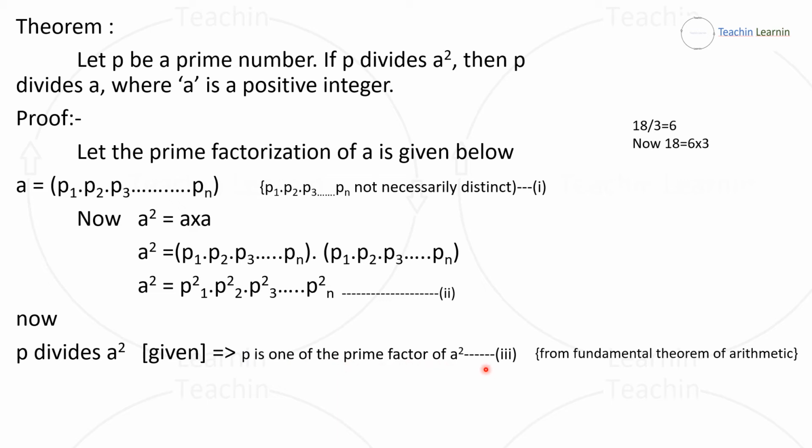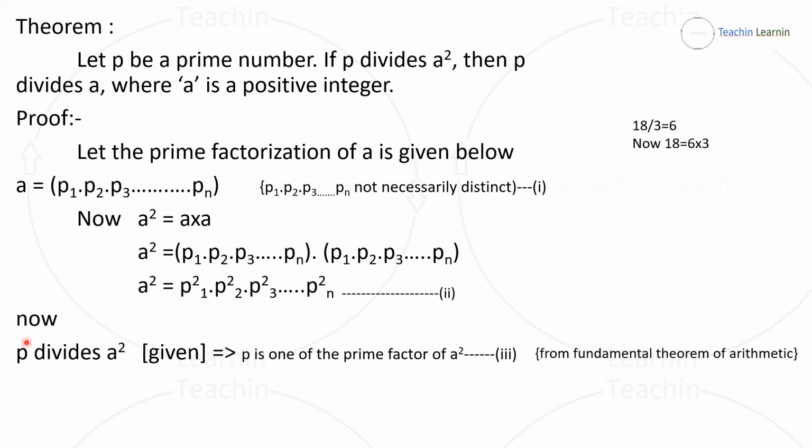To understand this, let's take an example. I have divided 18 by 3. We got the result 6, with no remainder. So 18 is completely divisible by 3, and therefore we can express 18 as 6 into 3.